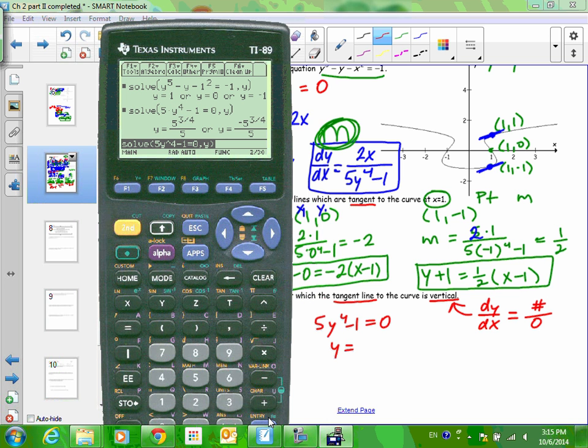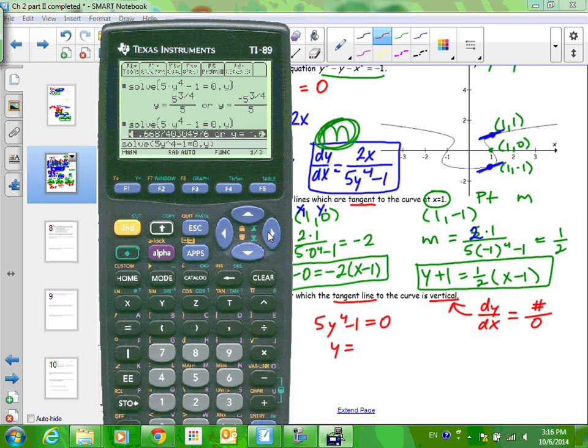Now, if we had solved this by hand, it might not have looked exactly like this, by the way. And if you wanted to get a decimal for some reason, maybe your answer choices are decimals on multiple choice, you would just hit diamond enter, okay? So that's what I'm going to do.